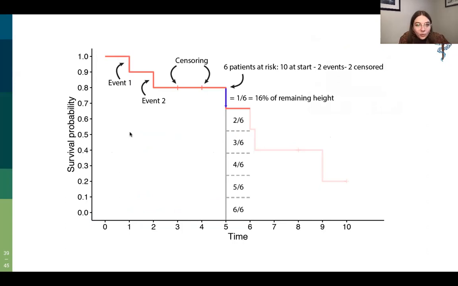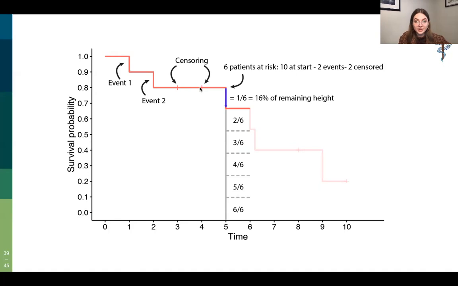So at event 1, looks like at day 1, one of the people in this population died, and their overall looks to be like 10 patients. So it would bump down to then a 90% chance of survival, because at day 1, 90% of the patients are still alive. Day 2, there was another event where somebody passed away, bumped it down to, at day 2, 80% of survival for the group.